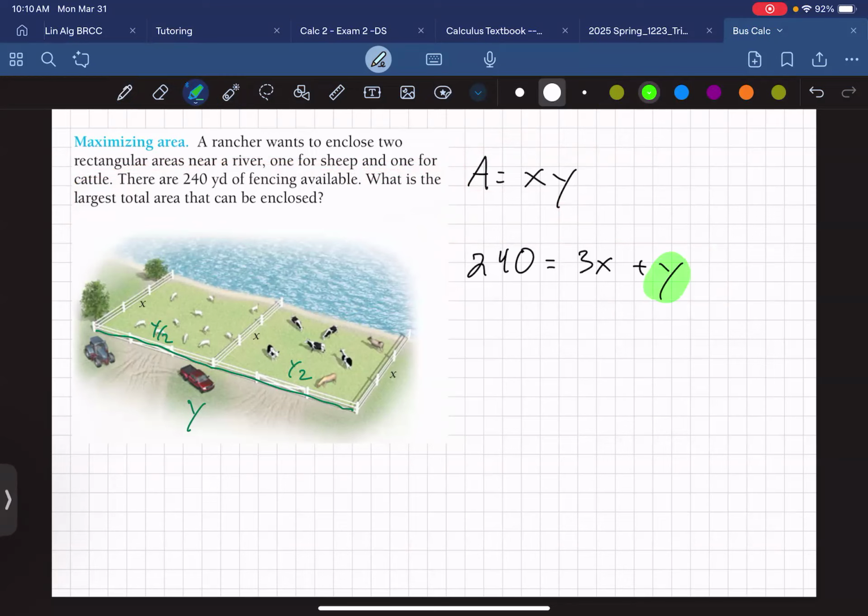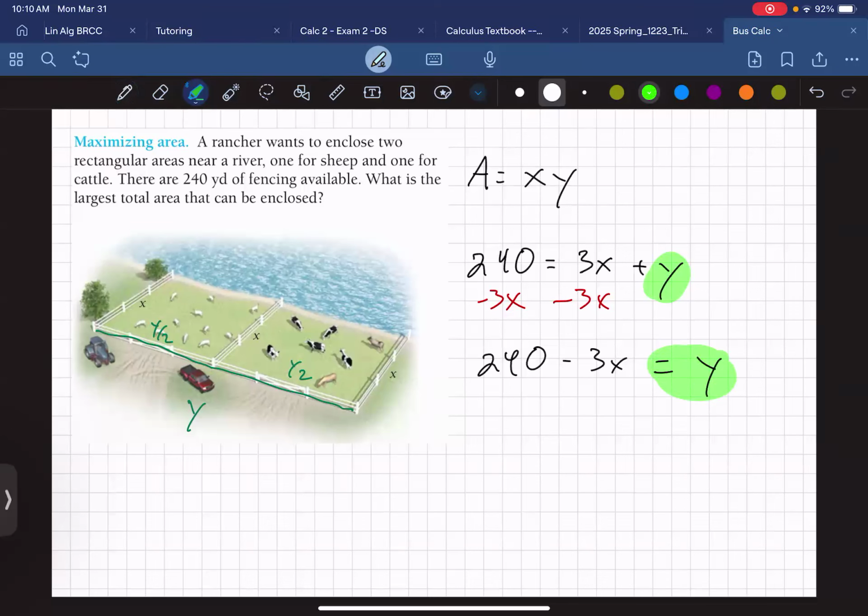The reason I'm choosing Y right now is because it's just one Y where X had 3 of them. It just makes it easier to say, hey, if I subtract 3X from both sides, we'll have 240 minus 3X equals Y. And all of a sudden now Y is completely by itself.